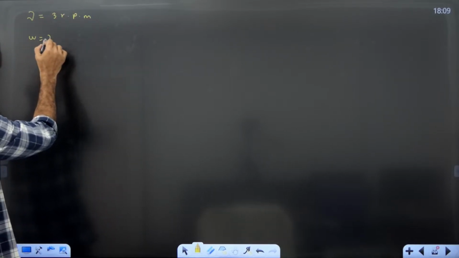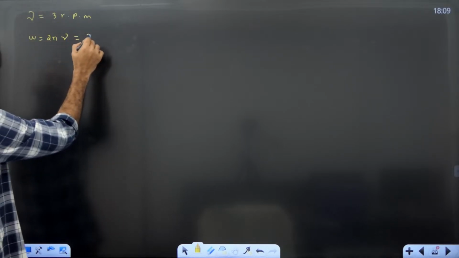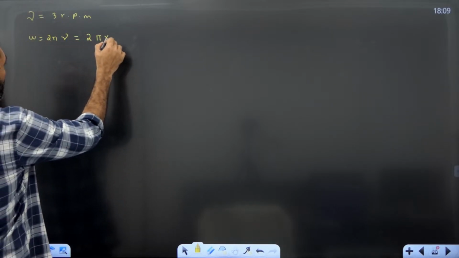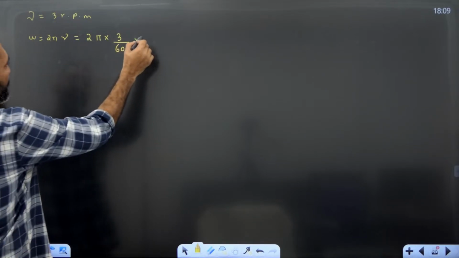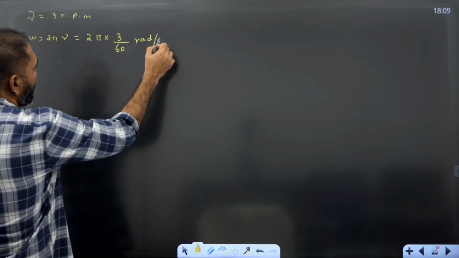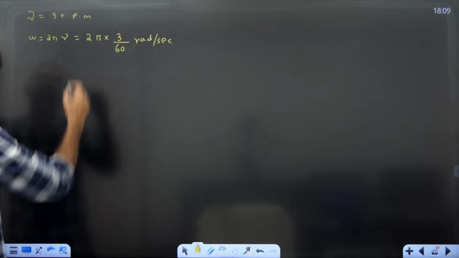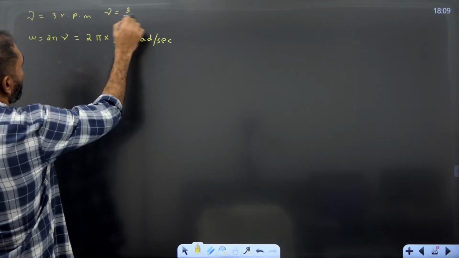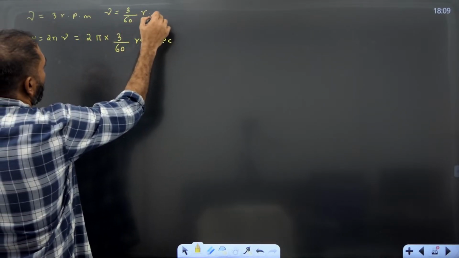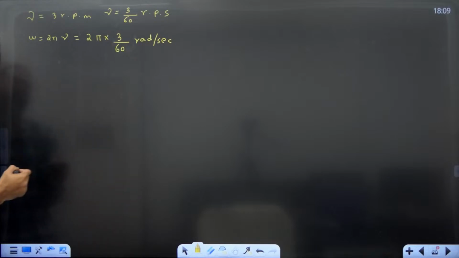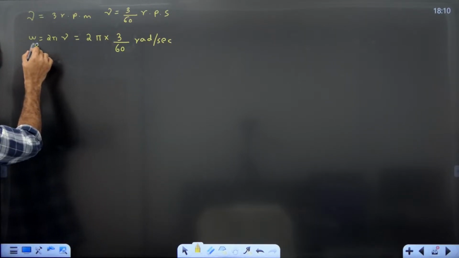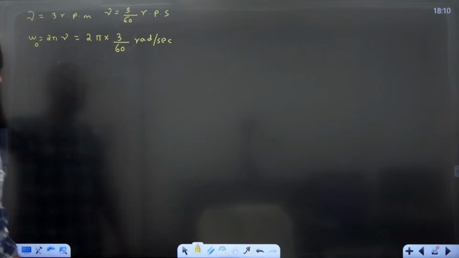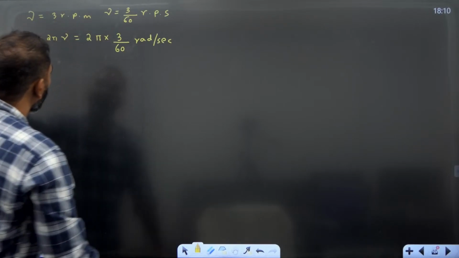Omega is equal to 2 pi nu. So 2 pi into 3 by 60. Why 3 by 60? Nu is 3 by 60 rps. Omega equals 2 pi into 3 by 60. This is the initial angular velocity.